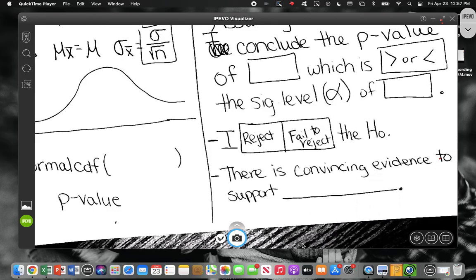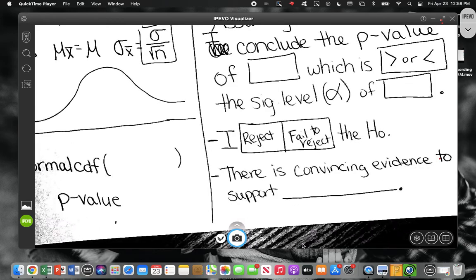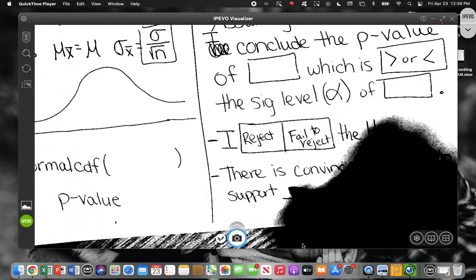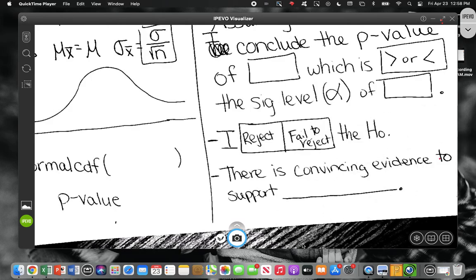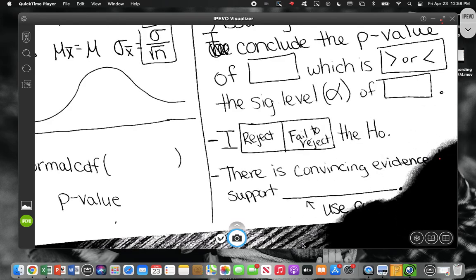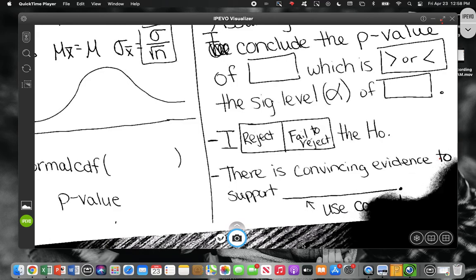So we might say, like on the last one, we would say there's convincing evidence to support that the percentage of water was 75%. Because we didn't reject the null hypothesis, so there was evidence to support it. And so this is where you are going to name the hypothesis you're supporting. And always remember, in order to get those full points, you have to use context.